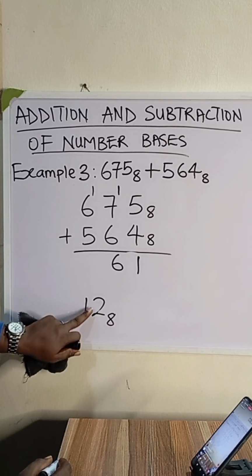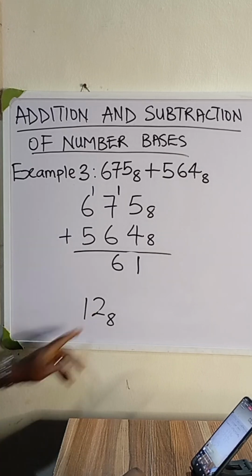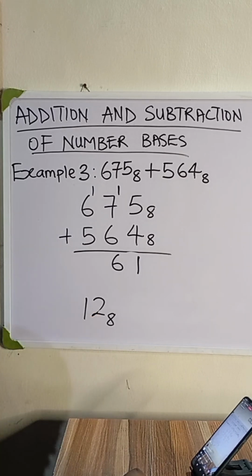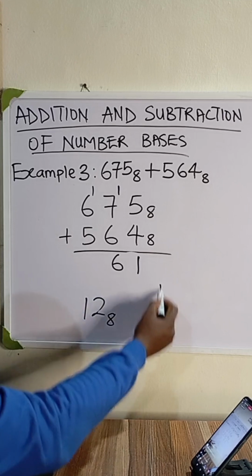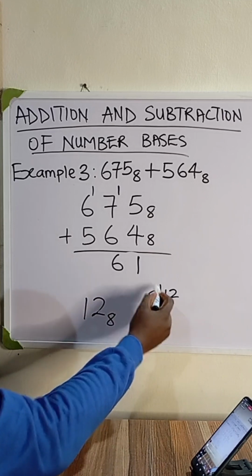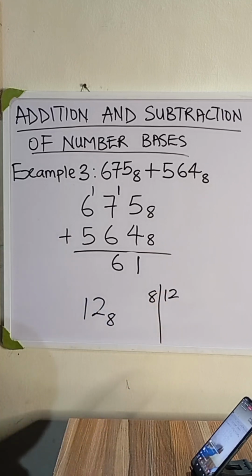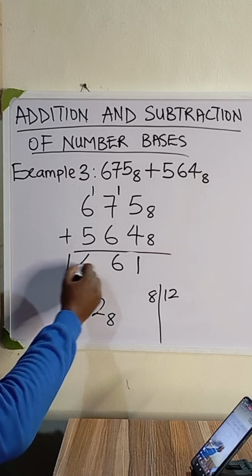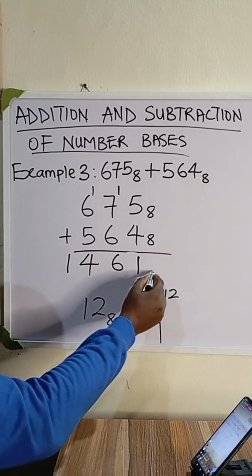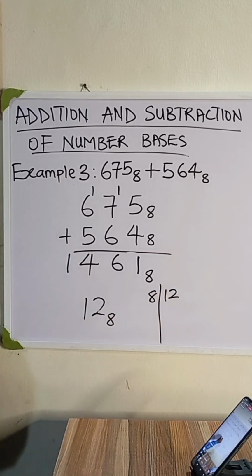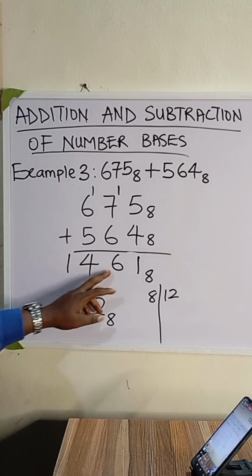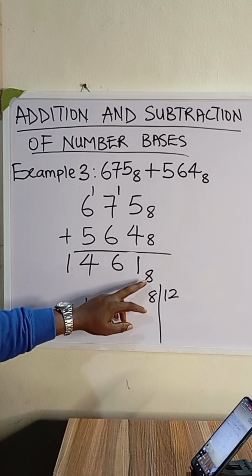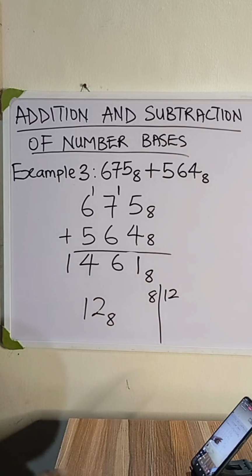We still have to divide this 12 by 8. 12 divided by 8, what are we going to get? 14. So we're going to have 14 here, base 8. So that becomes the answer: 1461 base 8.